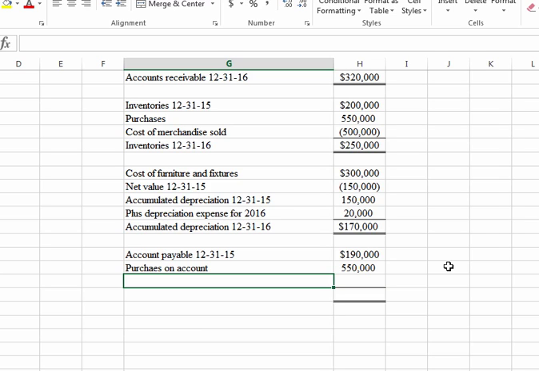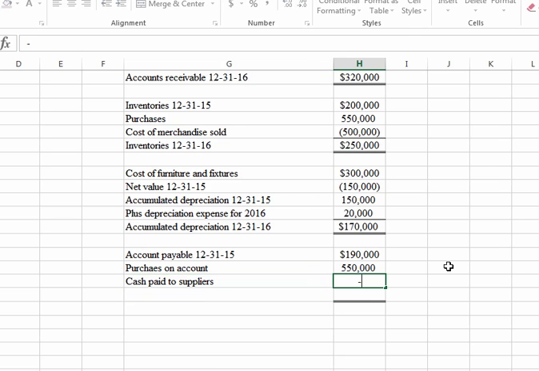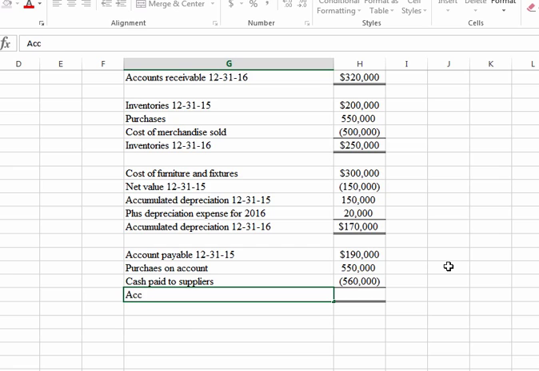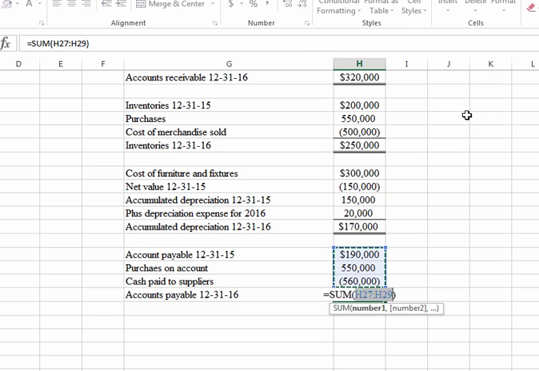Less cash payment to suppliers of $560,000. Well, we're paying them for what we owe them on account. So that's going to decrease accounts payable by $560,000, and that gets us accounts payable at 12/31/16, $180,000.